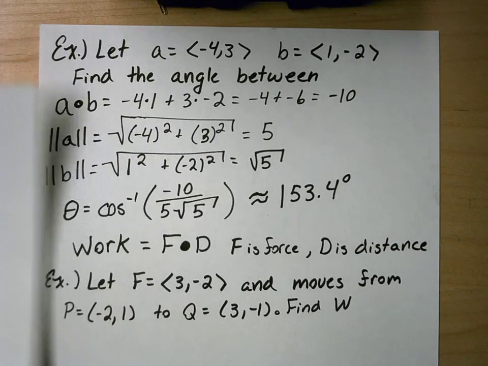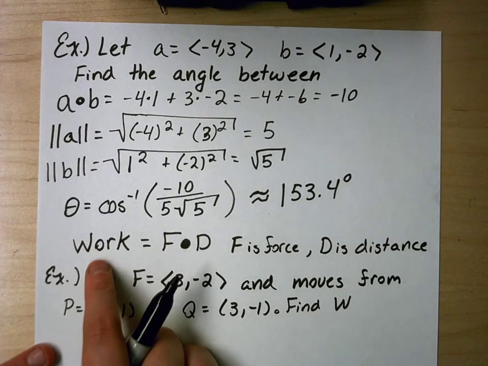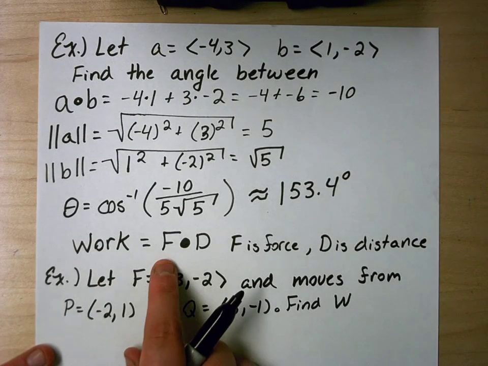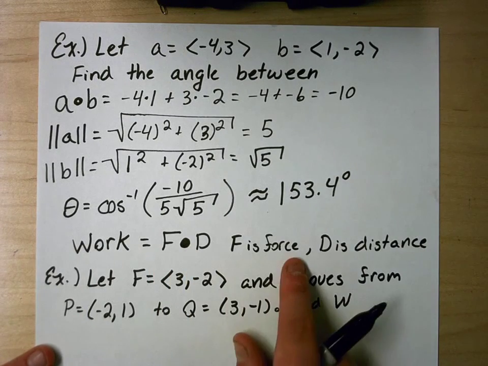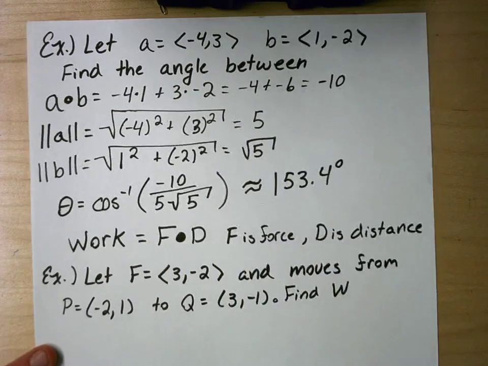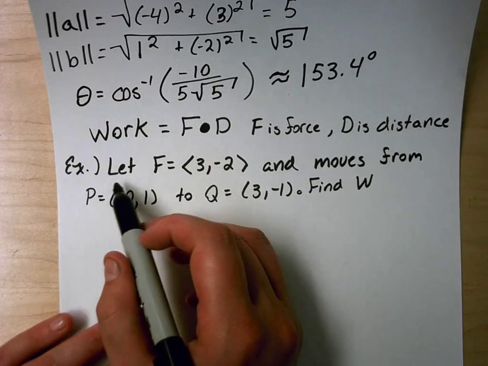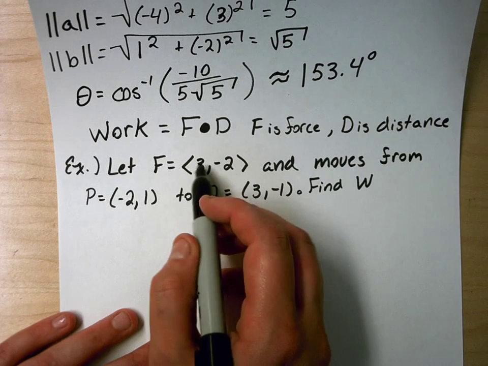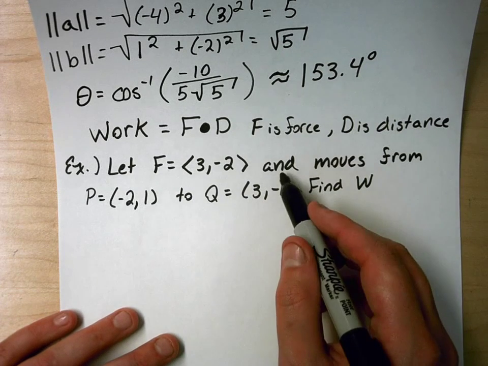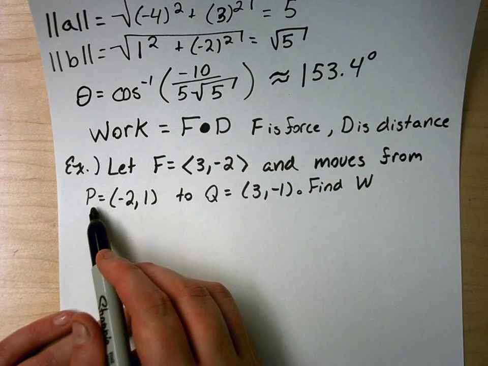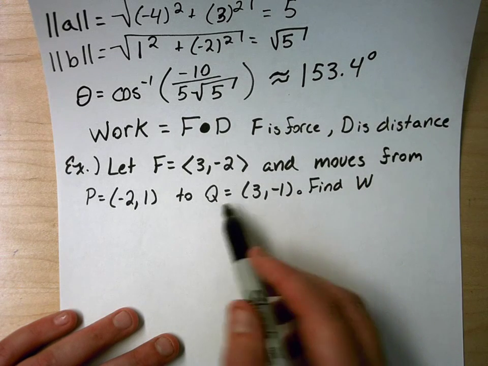Okay, so let's move on. The work I have to exert on something is equal to F dot D, where F is my force and D is my distance. If I let my force equal 3, negative 2, and I move an object from point P to point Q, then I need to find the work that was done.